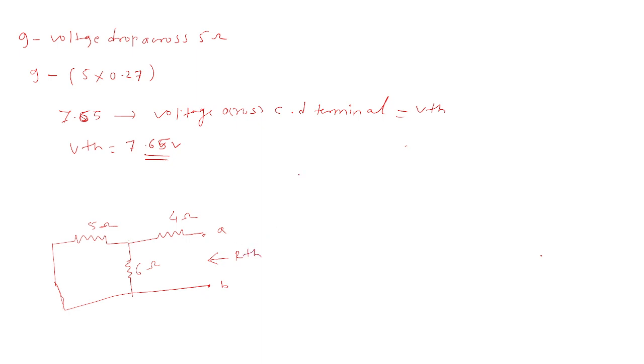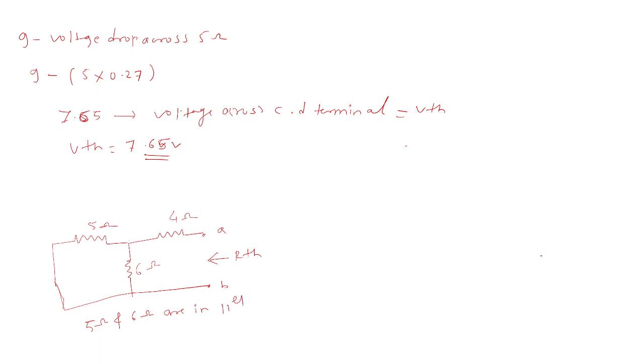ओके, समजलं. Now what is the next step that we are going to follow here. 5 ohm and 6 ohm are connected in series or parallel? So from this I know that 5 ohm and 6 ohm are in parallel.